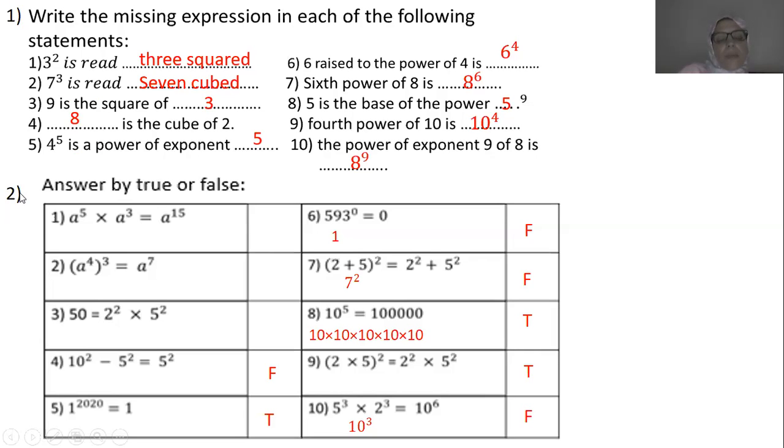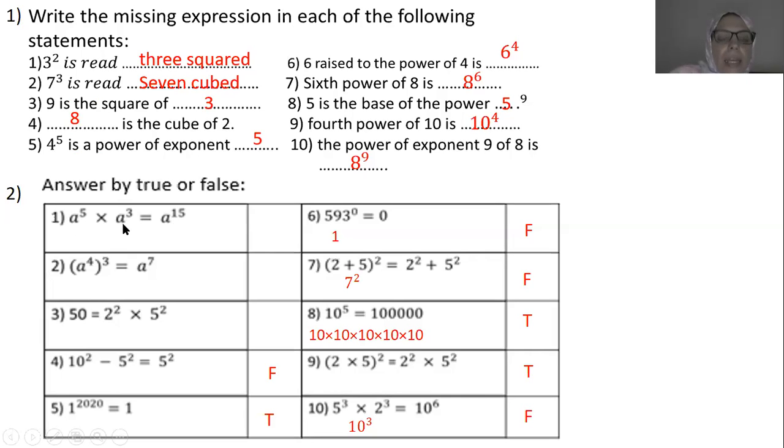In exercise number 2, we should answer the following statements by true or false. We are not asked here to justify our answer, but I justified for you why I chose true or false. The first one: a to the power 5 times a cubed, is it equal to a to the power 15?